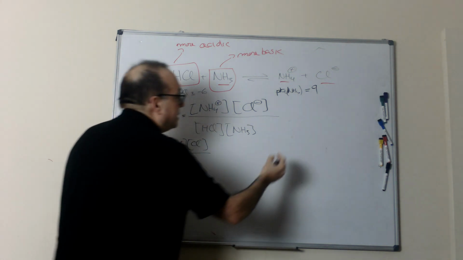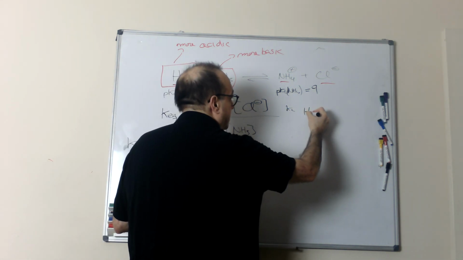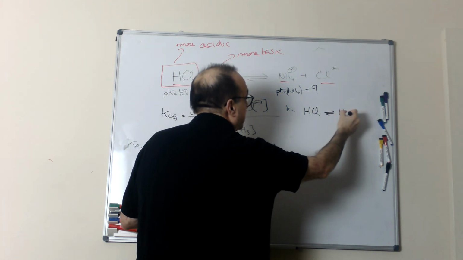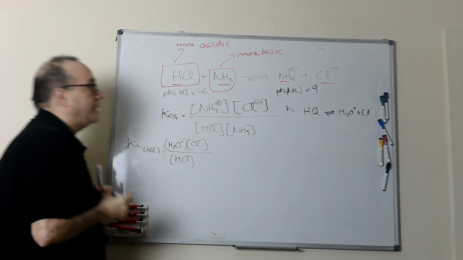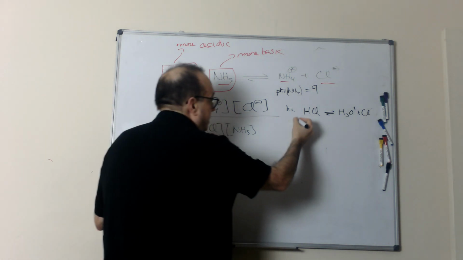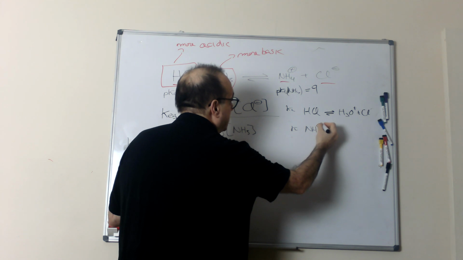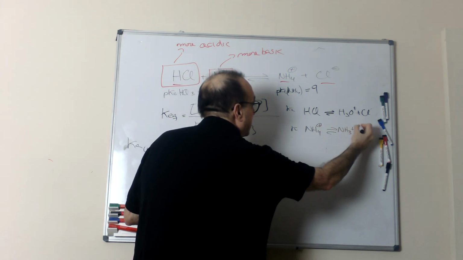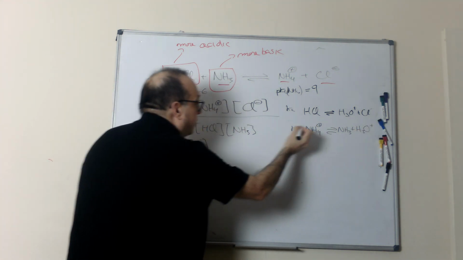Remember that the Ka of the HCl is this reaction, the deprotonation of the HCl. And the pKa of NH3, that is the NH4, of the ammonium, is exactly the same. This is the Ka of NH4.